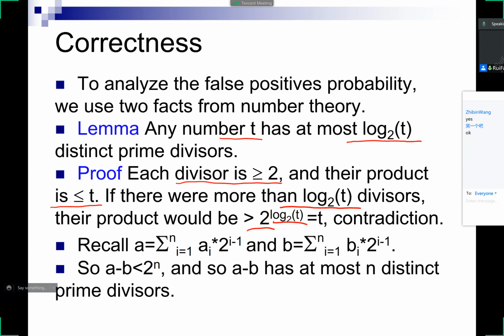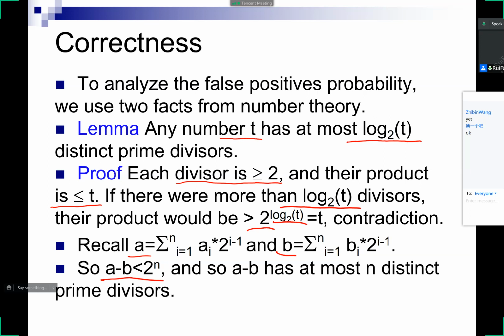The reason this is useful is that we're looking at these two numbers a and b as n-bit bit strings. So a and b are both at most 2 to the n. The values of a and b are at most 2 to the n, and therefore a minus b is at most 2 to the n.